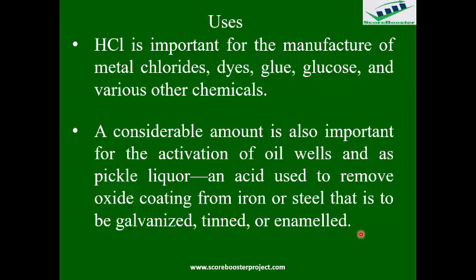Then you want to use the metal in metallic form. You can use the acid to remove the oxide that has passivated it. Then the metal is now used for what it was intended to be used initially. That is what we are trying to explain here.